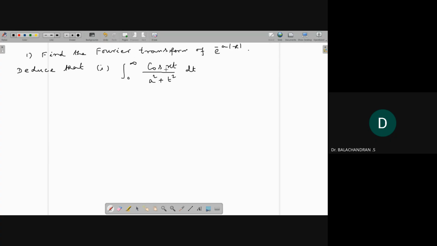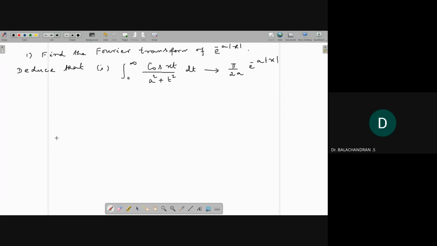This is the first one. I'll write the answer also. The answer for this problem is pi by 2a into e power minus a into mod x. So this is the first subdivision, and then I will write the third subdivision, and then the second subdivision.